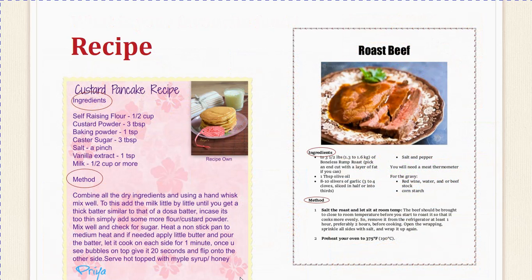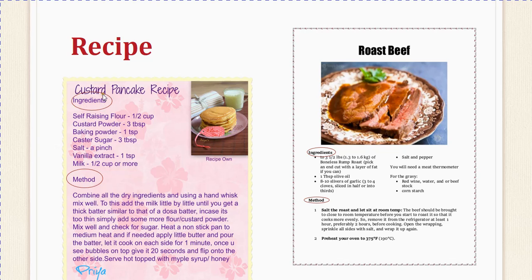Then let's go over and revise what is the meaning of the word recipe, in case you've forgotten. Recipe is the way how to make the food, how to make a certain type of food. So recipe consists of two things, ingredients and method.